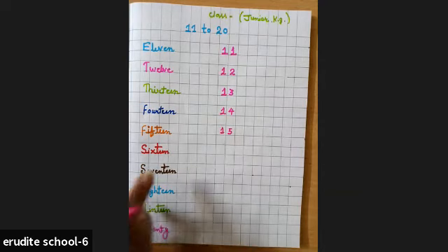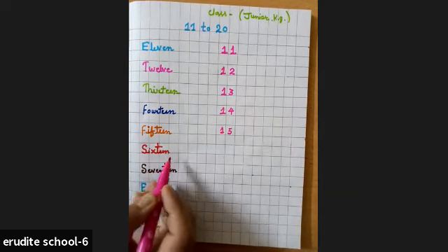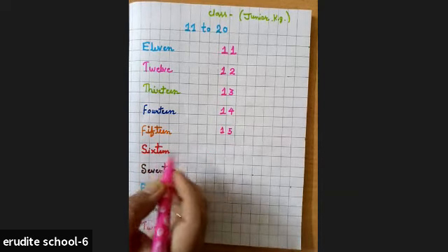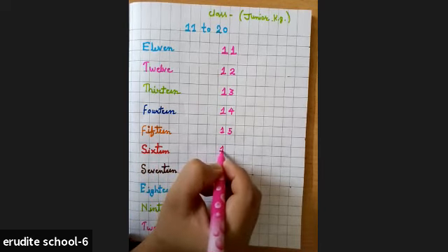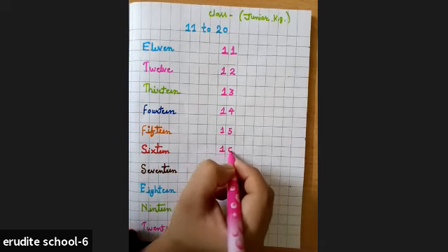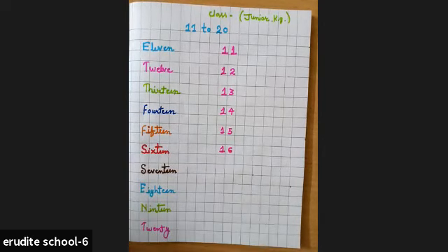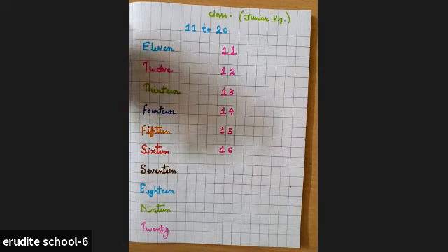Okay. So now next, 16. 1 and 6, 16. Spelling of 16.